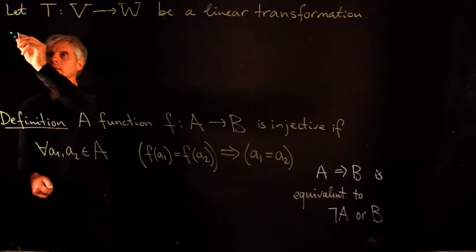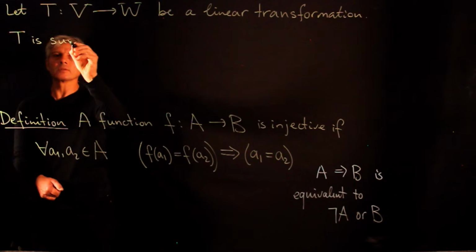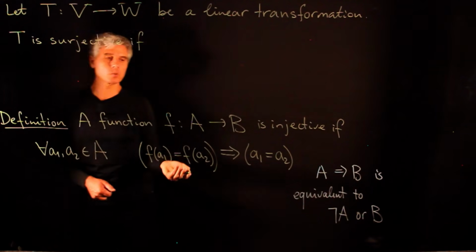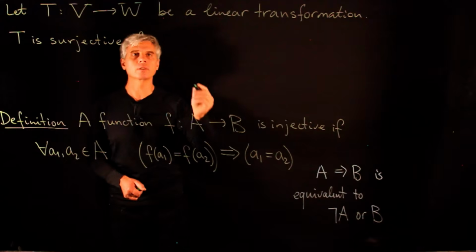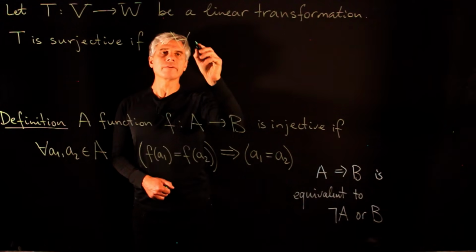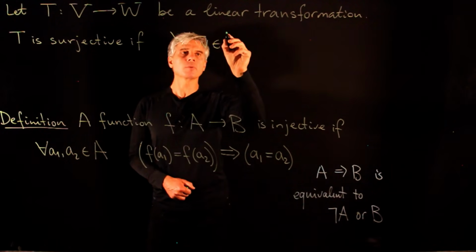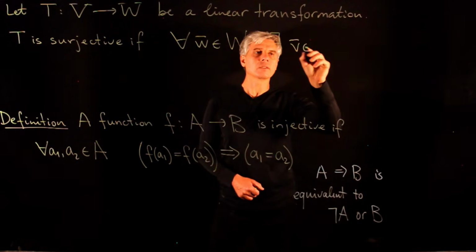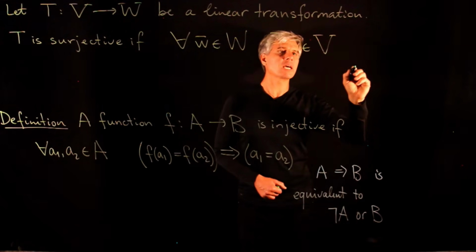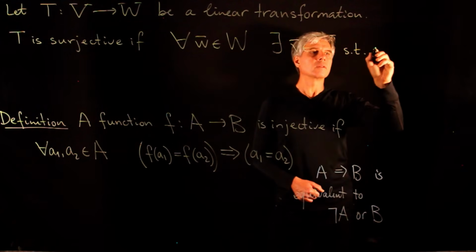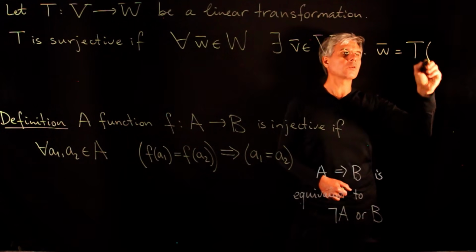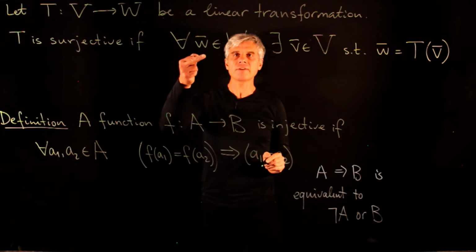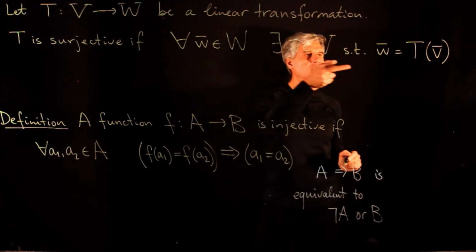So T is surjective if, so now we use the definition of a surjective function, for all vectors w in the space W, there exists a vector v in the space V such that little w is T of v. So this means that every vector in W has a pre-image.